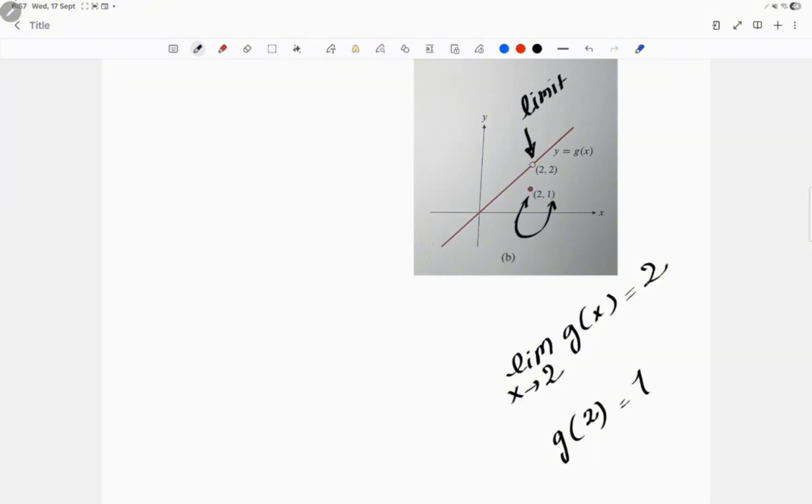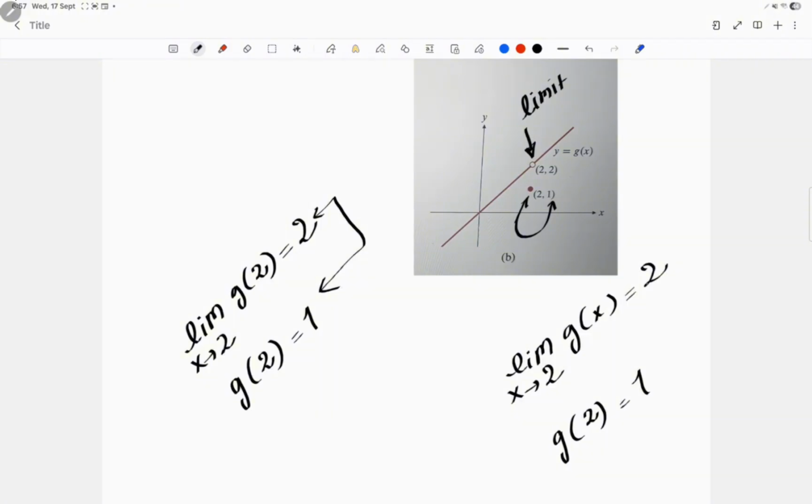Okay. So right now, the limit of x approaching 2, so limit means the hole is empty, and hole just means emptiness, yes, g of x is the dot. Limit is 2, and when it's a dot, it's a 1. Are they equal to each other? No. This is not continuous.